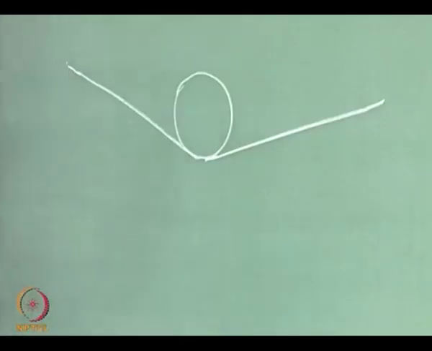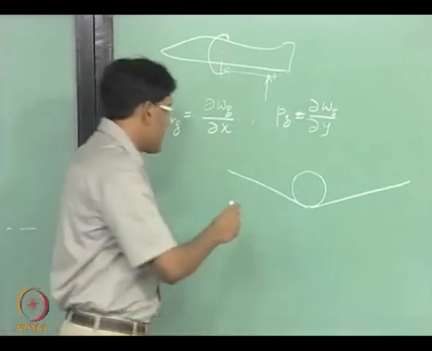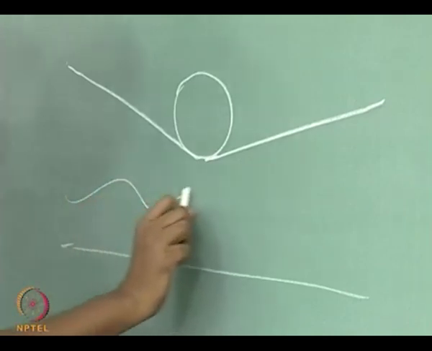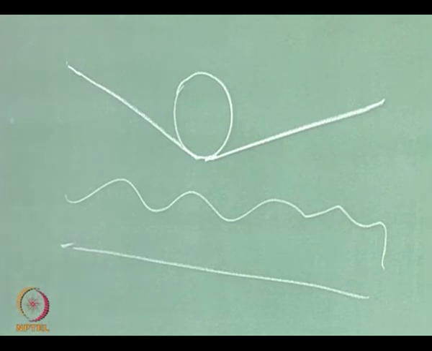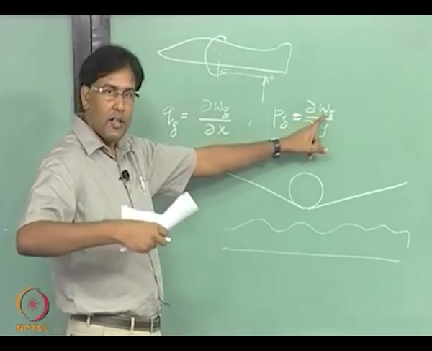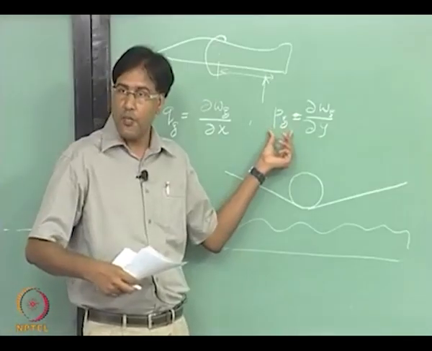So, along the span of the wing, this Wg is not a constant, right. If it is constant, then it will not give any roll, right, but if it is some arbitrary profile, it is going to give rise to the roll motion, all right. So, because of vertical wind W changing along the span of the wing, we get this PG term, right.